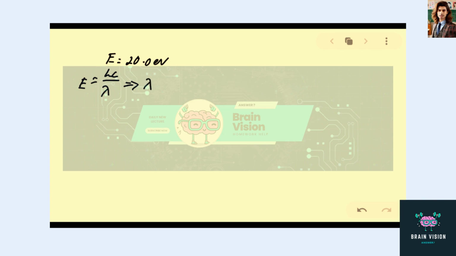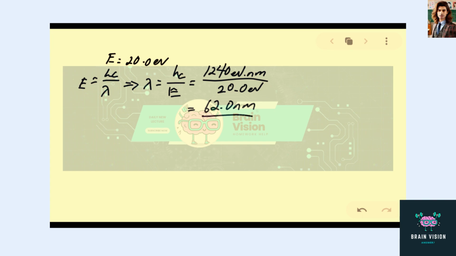So its wavelength is just hc over the energy, where hc can use 1240 eV nanometers, and the energy is 20 eV. So we should get about 62 nanometers for the wavelength of the photon.